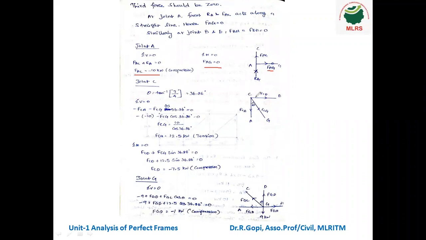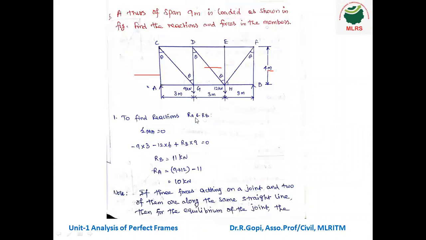Next, come to joint C. If we take joint C, we don't know the theta value. First, we have to calculate the theta value. For that purpose, I use tan theta. What is tan theta? It is opposite divided by adjacent. Now you can see in the previous diagram, here you can see this theta value.